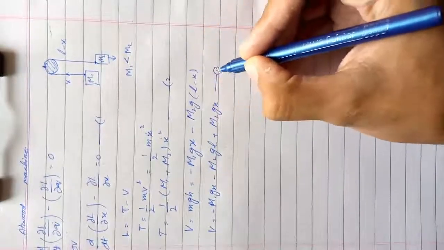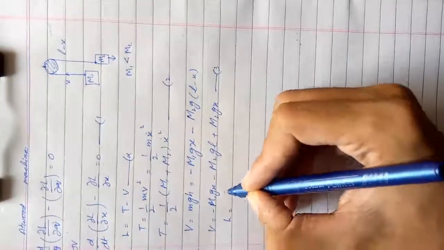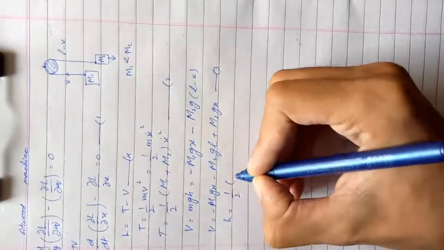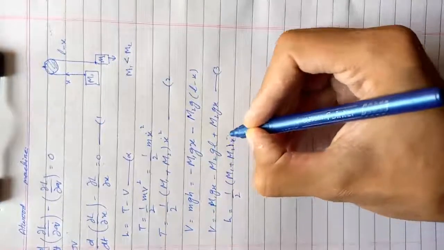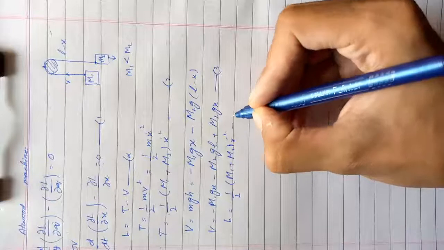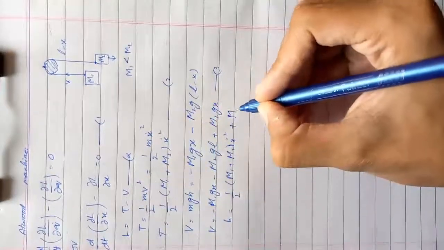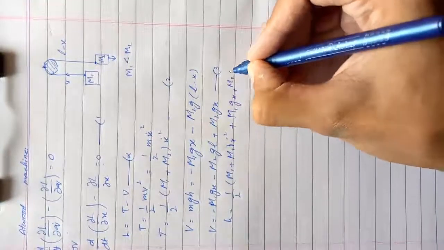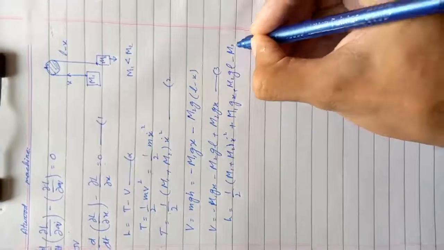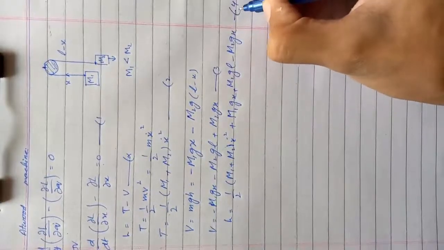Put equations 2 and 3 in the Lagrangian, and we have L equals 1 over 2 (m1 plus m2) x dot squared plus m1 g x plus m2 g L minus m2 g x, and call it equation 4.